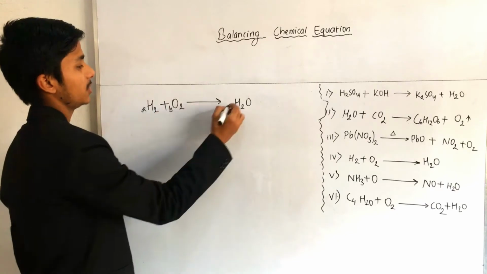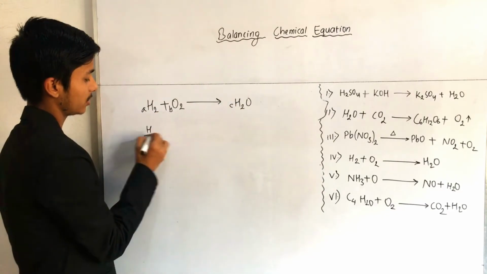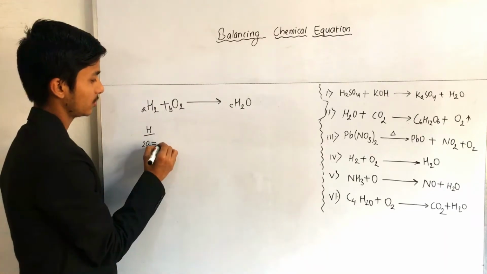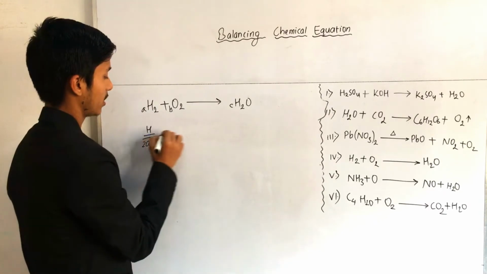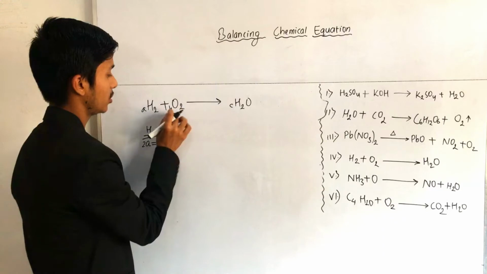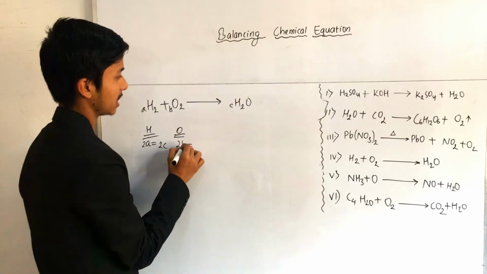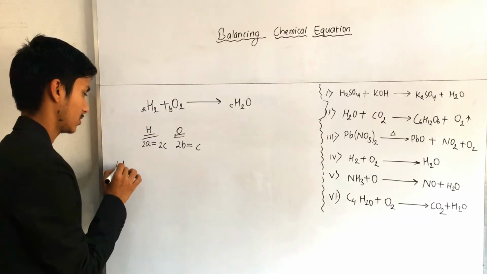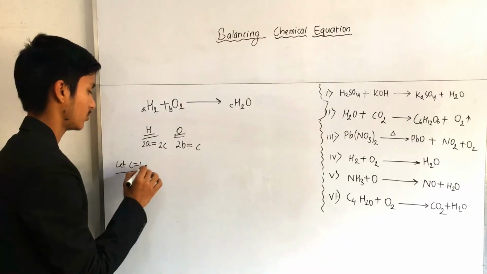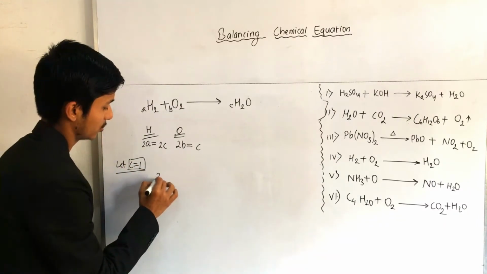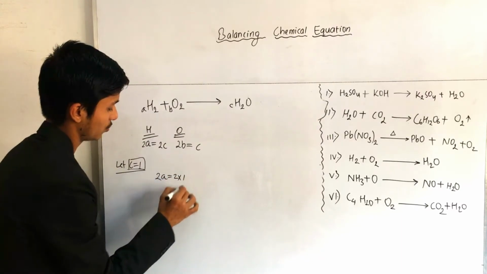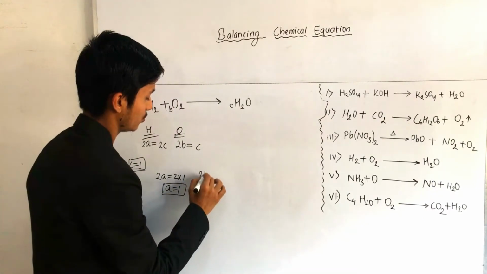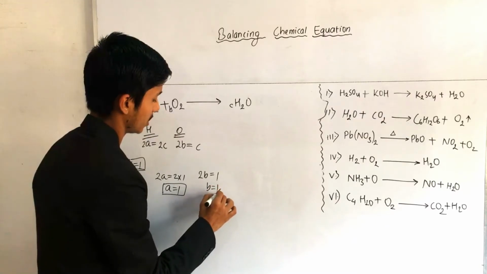Let this be A, B, C. This side hydrogen 2A is equal to 2C, and this side oxygen, how many oxygen? 2B. 2B is equal to this side oxygen, only one, C. Now we let C is equal to 1, then we get 2A is equal to 2 into 1, then A is equal to 1. This side 2B is equal to 1, B is equal to 1 by 2.